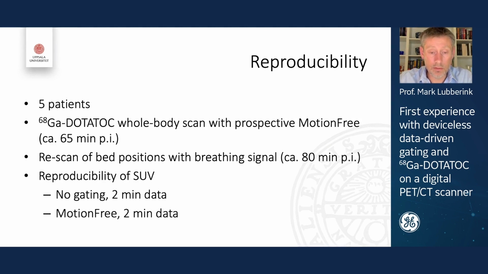Next, we decided that we wanted to look at reproducibility of SUV values using MotionFree data-driven gating. So far we included 5 patients for that. They underwent a gallium-68 DOTATOC whole body scan with prospective MotionFree, starting at about 65 minutes after injection on average. And then when the whole body scan was finished, we asked the patient if we could scan the bed positions where a breathing signal was detected one more time.